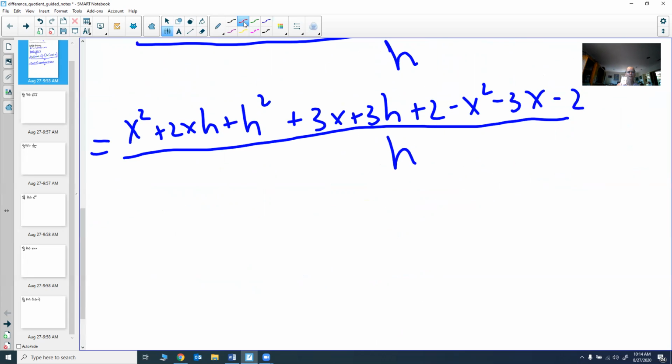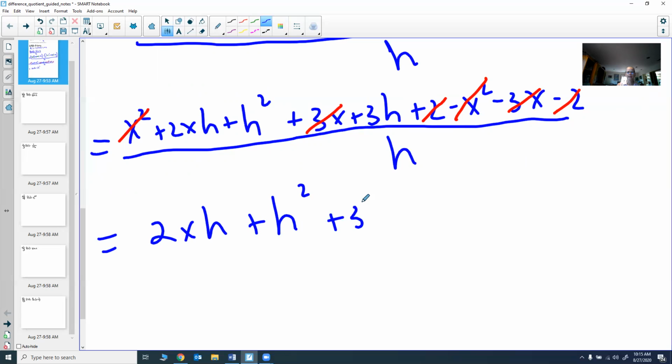All right, so now you're just going to collect like terms. I notice that I have an x squared here, minus x squared here, and a positive x squared here, so they're going to cancel. I have a positive 3x here and a minus 3x here, so those are going to cancel. I have a positive 2 and a negative 2, so those are going to cancel. So what I'm left with is 2xh plus h squared plus 3h all over h.